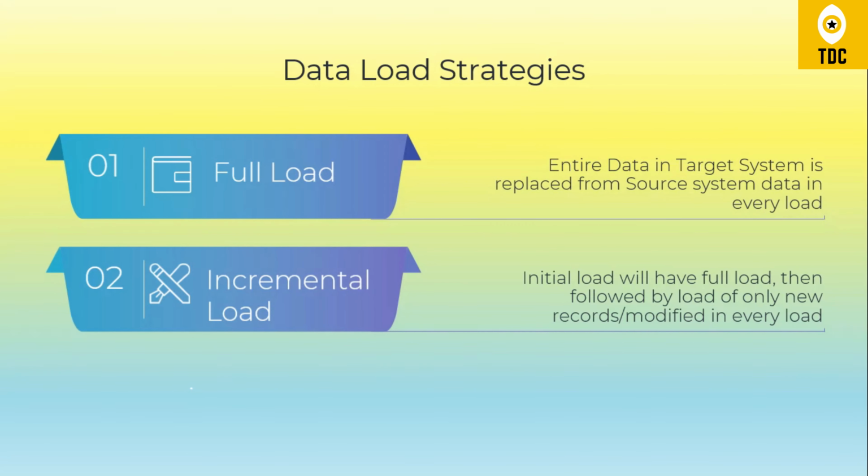So every load or every frequency, it may be a daily, weekly, or monthly frequency, whatever frequency, in every load the data will be entirely replaced. It will be flushed and filled with new data. So that is what we define as a full load.